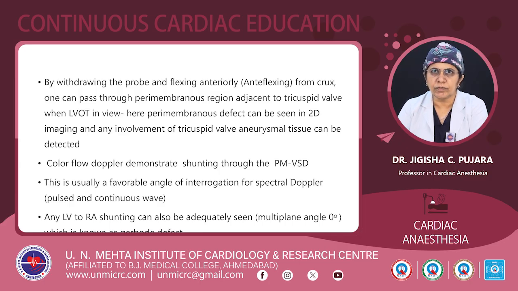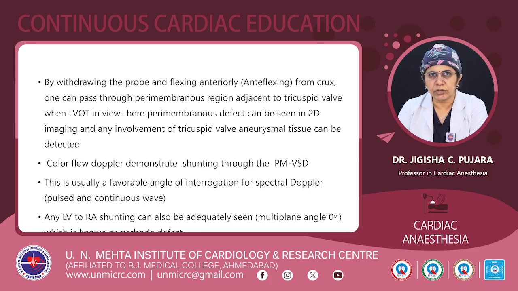Here the perimembranous defect can be seen in 2D imaging, and any involvement of tricuspid valve aneurysmal tissue can be detected. Color flow Doppler demonstrates shunting through the perimembranous VSD. This is usually a favorable angle for interrogation with spectral Doppler, pulse wave as well as continuous wave Doppler. Any left ventricular to right ventricular shunting can also be adequately seen.